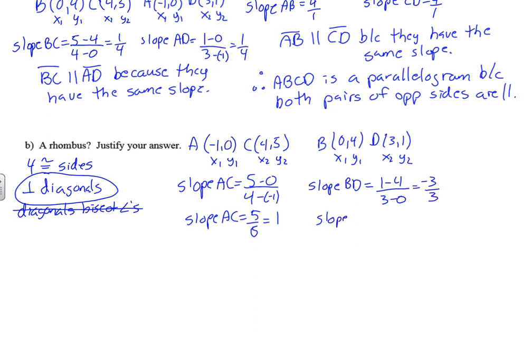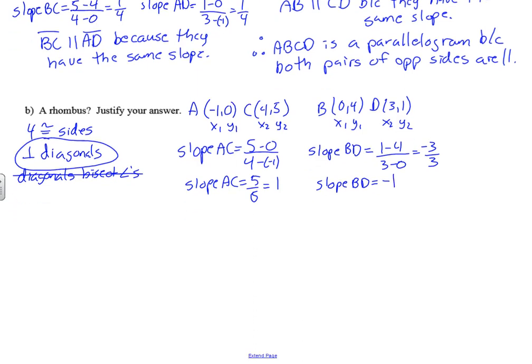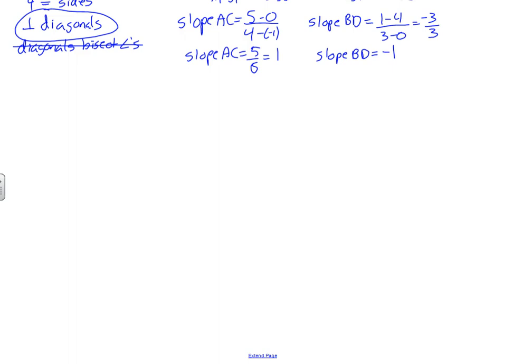The slope of BD is -1. Well, 1 and -1 are negative reciprocals. So here's what we could say: AC is perpendicular to BD because slopes are negative reciprocals.